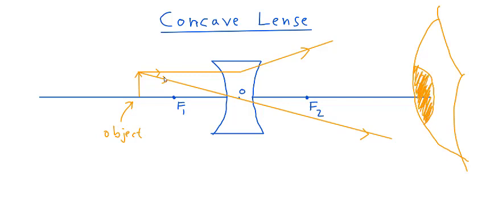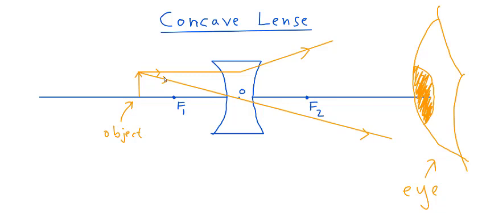And these light rays are entering the person's eye, right? So what does the person see?